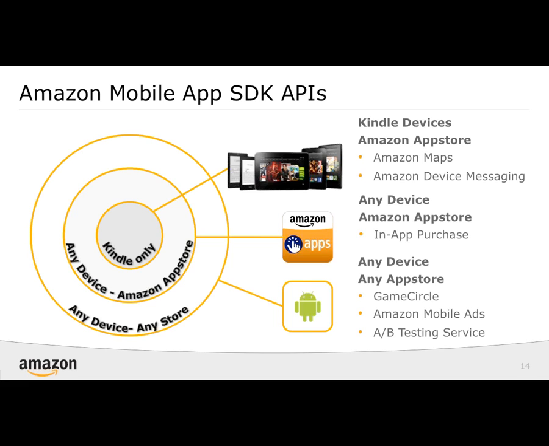And three of our APIs that we're going to talk about today will work on any Android device, regardless of what App Store you sell it in. So this is going to be really big as far as helping you write to the APIs once, and then being able to keep that code regardless of where you sell the app.